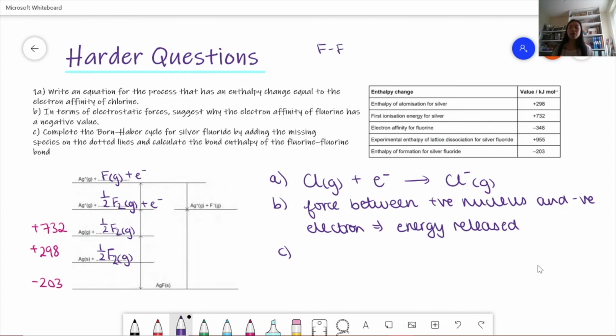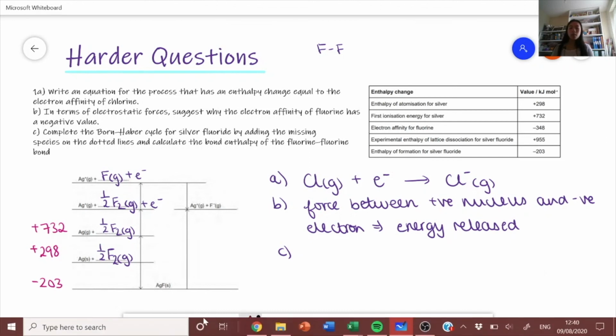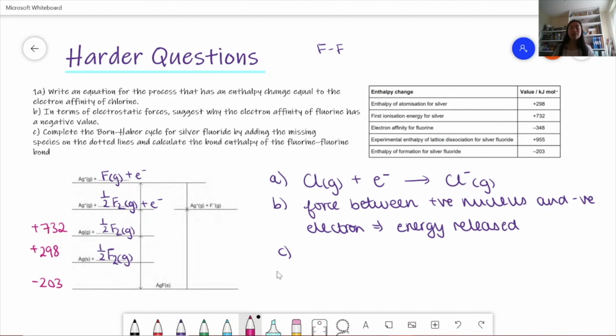And because we're only breaking half of them, that means we need half of this value. And so what we have is, because it's unknown, we call it X, but we actually have half of X because we're only breaking half a mole of these FF covalent bonds.